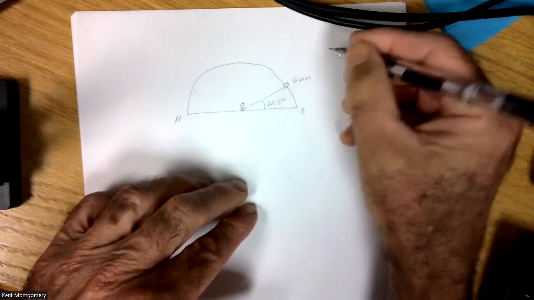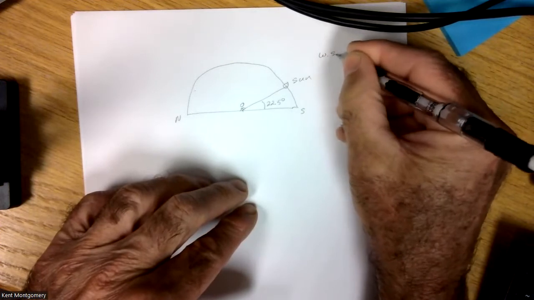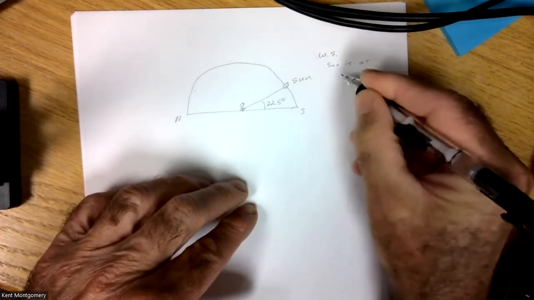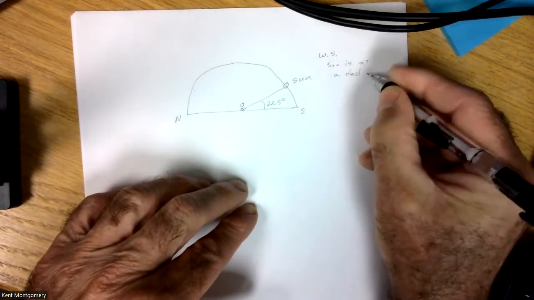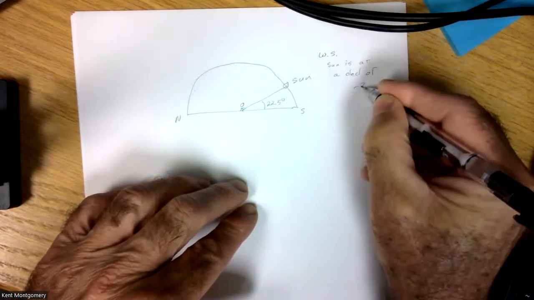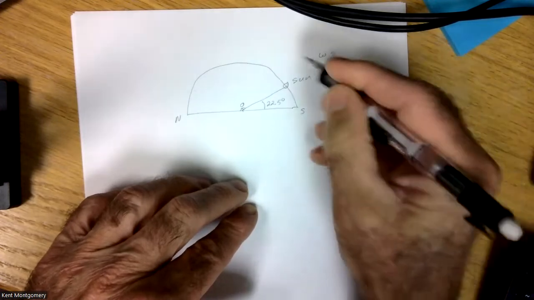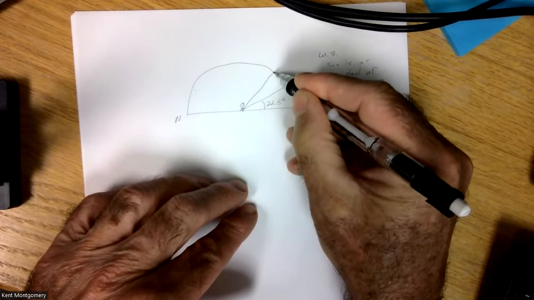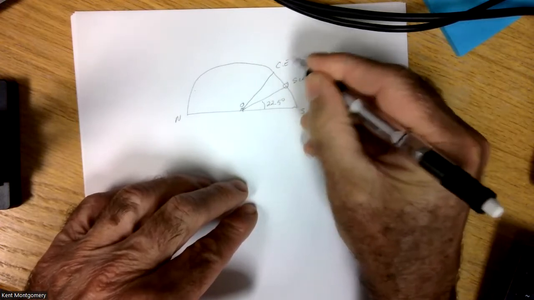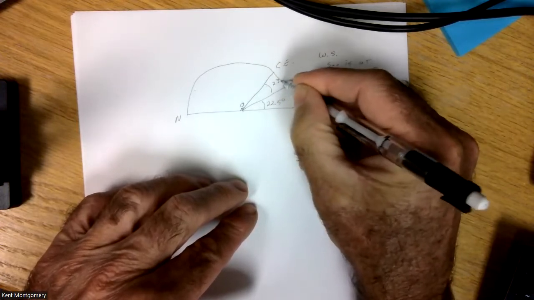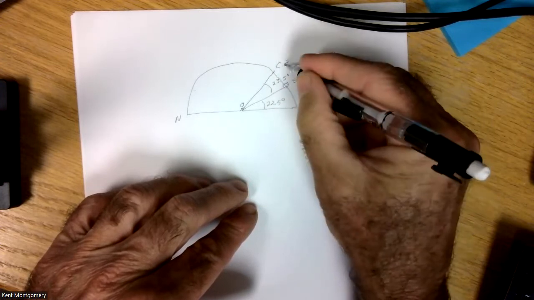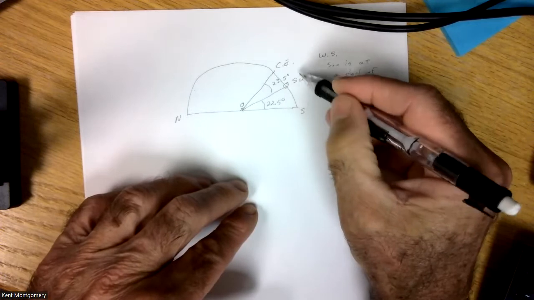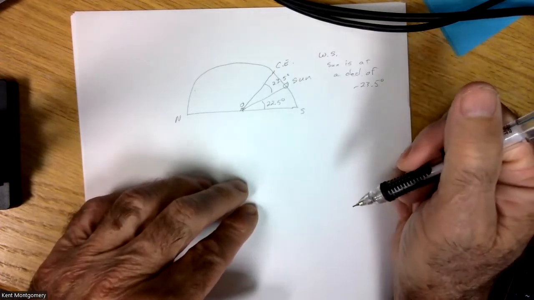We have memorized that on the winter solstice, the sun is at a declination of negative 23.5 degrees, which means it's 23.5 degrees below the celestial equator. So I have to put the celestial equator right here so that this angle is 23.5 degrees. So the sun on the winter solstice is 23.5 degrees south, or below, the celestial equator.